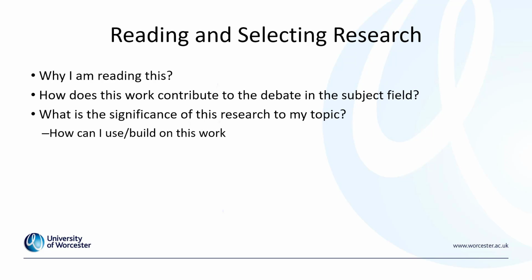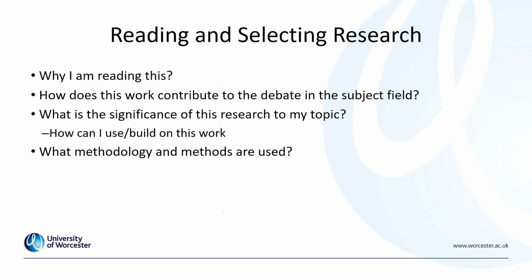It's also useful to think about what methodology and methods are used in the research you're reading, and then you can start to think about whether your research is using the same methods as similar research or different methods, and this can then highlight a possible gap in the methods you're using and how your research is contributing to existing research.